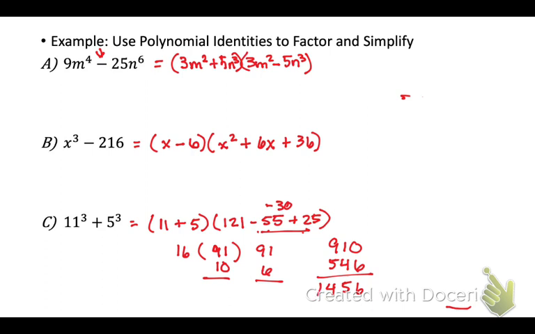I separated this into 10 and 6. I do it all the time. Like if you guys are working something, you'll see me write 910 and then 546. I don't do the long multiplication process. I'm just weird. You guys want to do more? No? You think you're good?